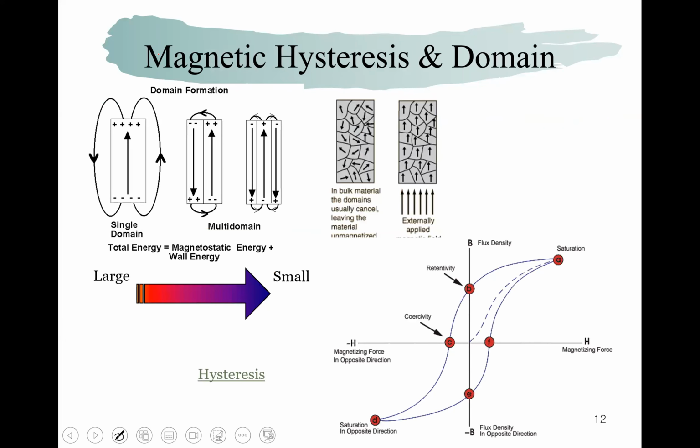And what is the very important consequence of this demagnetizing field? Let's think about a single domain structure. We have a North Pole and South Pole at the top and bottom of the sample, and we have a stray field, right? This kind of stray field always generates a certain amount of energy.